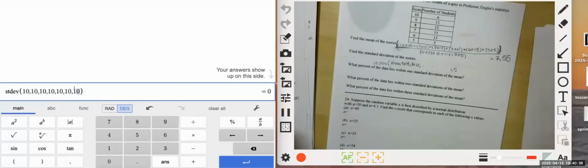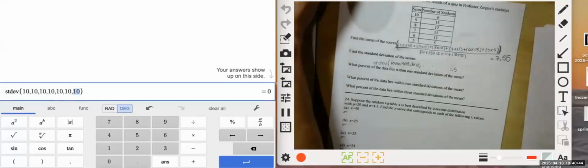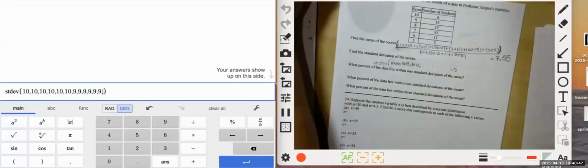Hopefully you won't get this one with so many things to type in on the calculator. 13 nines. Yeah, you won't get something like this, but make sure you count out very carefully. You just need to remember that STDEV, standard deviation. ST for standard, DEV for deviation, standard deviation.